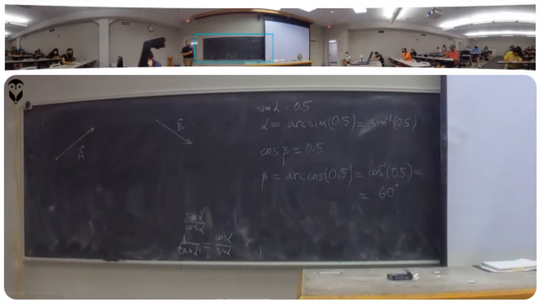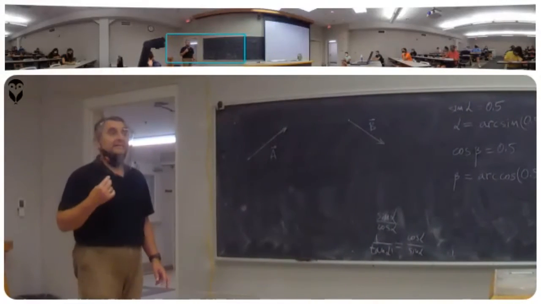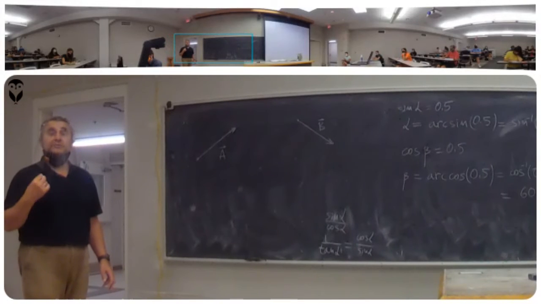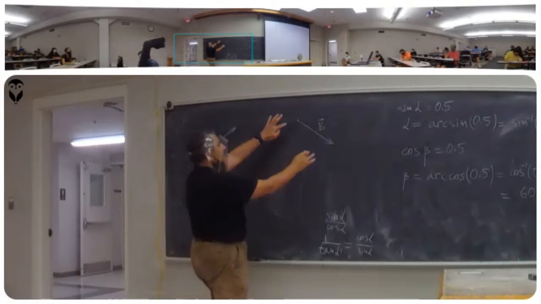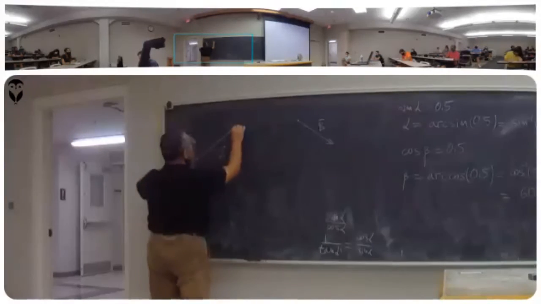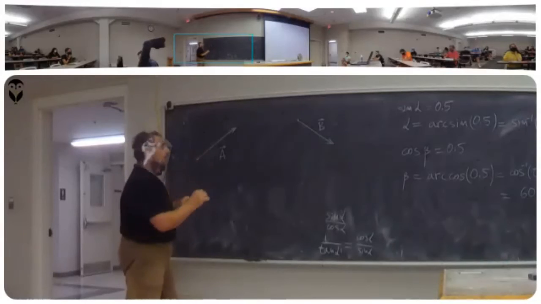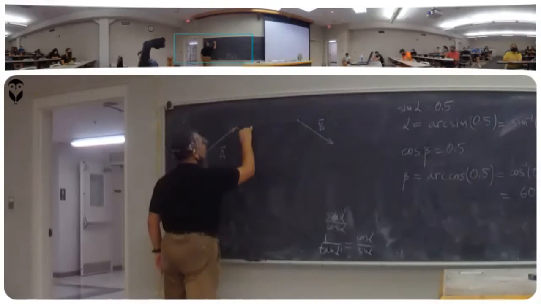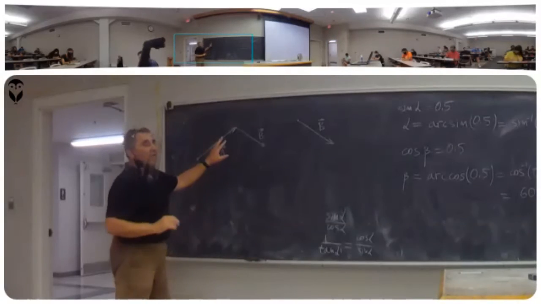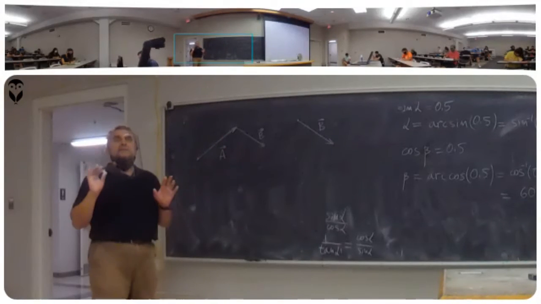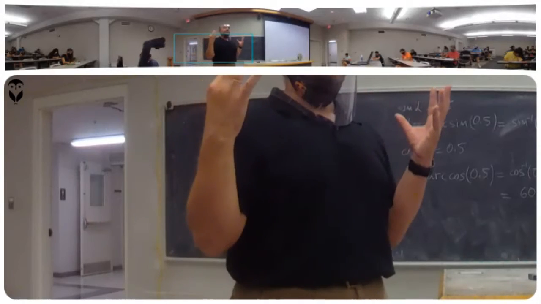Well, the sum of those two vectors is defined as a vector that is constructed using the following rule. You take vector B and you draw it starting from the head of vector A. You keep the same direction and magnitude as vector B. Often in science, we work with so-called free vectors.